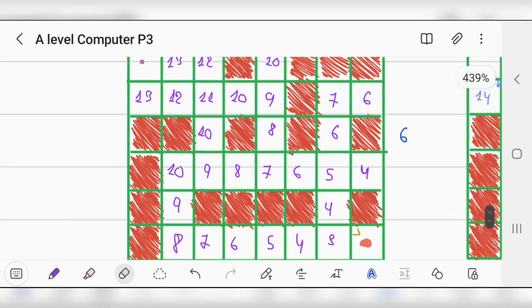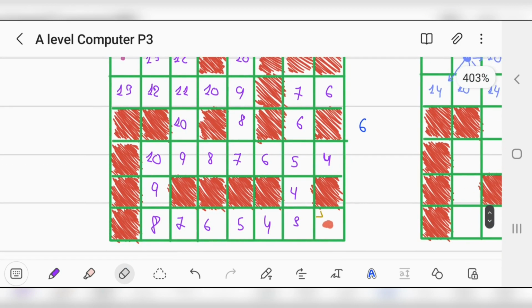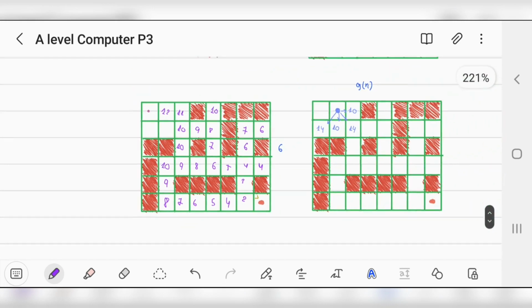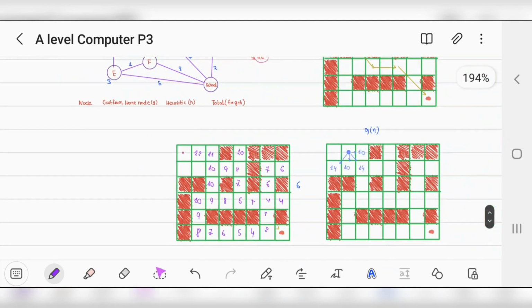Let me just do it again. It won't make much of a difference. If you go from here, then it would be 12, 11, 10, 9, 8, 7, 6, 5, 4, 3, 2, and 1. This is how it is working.